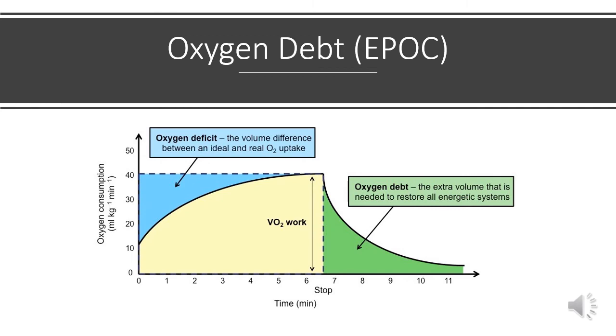That oxygen or energy production is used so that we can essentially start to reload those other systems, so we can start putting more energy in our body towards trying to recreate those phosphocreatine molecules and restore those glycogen stores in our body.